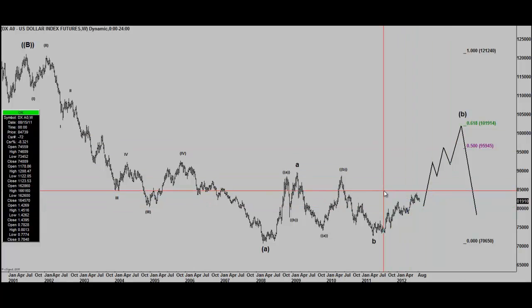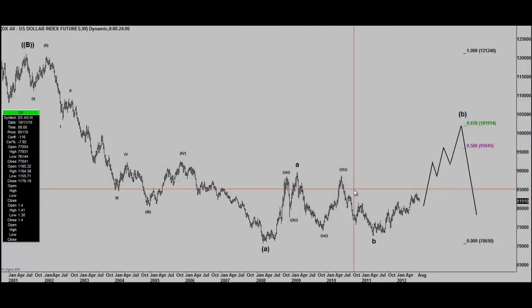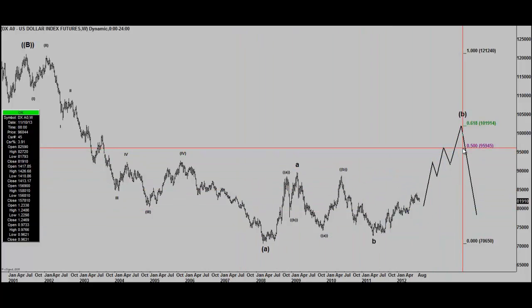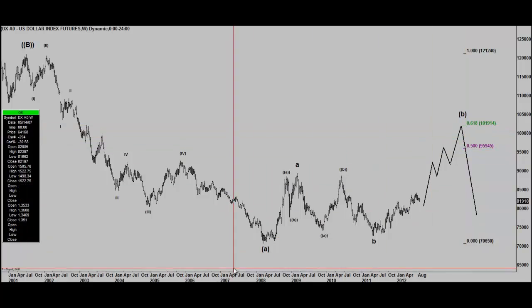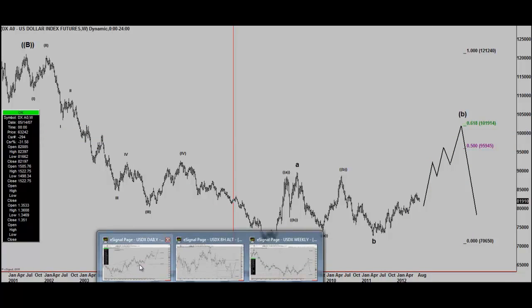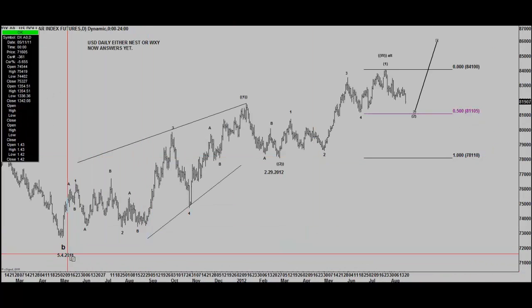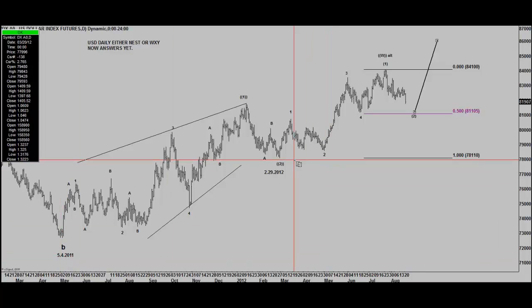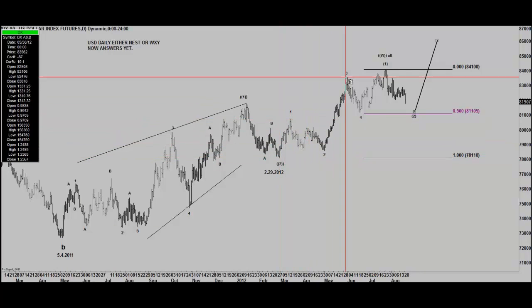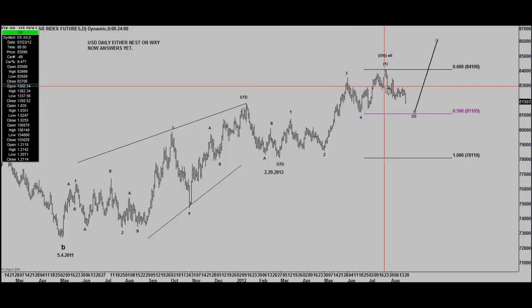In order to see that, now that we know the target in the index is between 99.94, or even 101 or 102, we're going to move to the daily chart. The daily chart shows a cycle whose low was created on May 4, 2011, and another low was created on February 29, 2012, a clear-cut 5 waves.